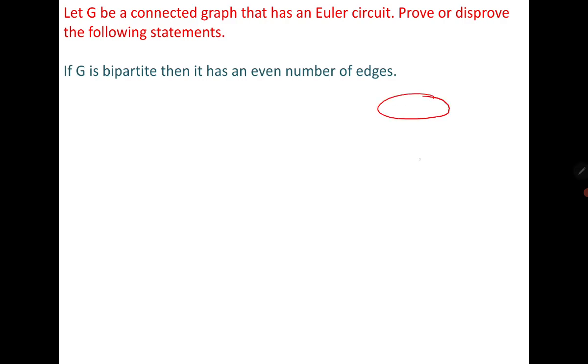Now the graph is bipartite, it must have two partite sets. And now in the case of a bipartite graph, an important observation, which we have discussed earlier also, is that each edge has one endpoint in one partite set and the other endpoint in the other partite set, and therefore the degree sum of both the partite sets is always equal.